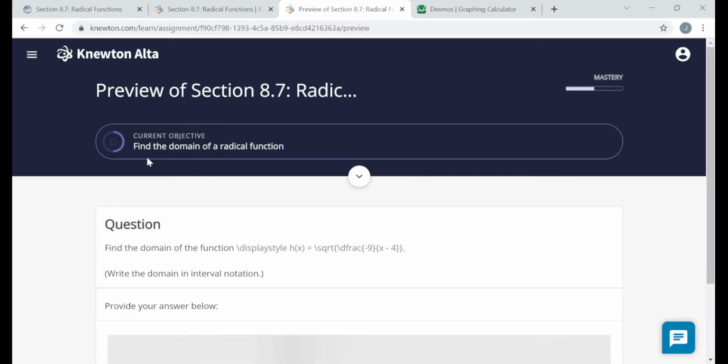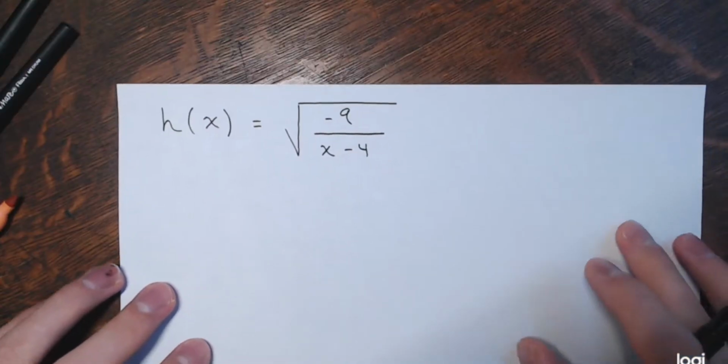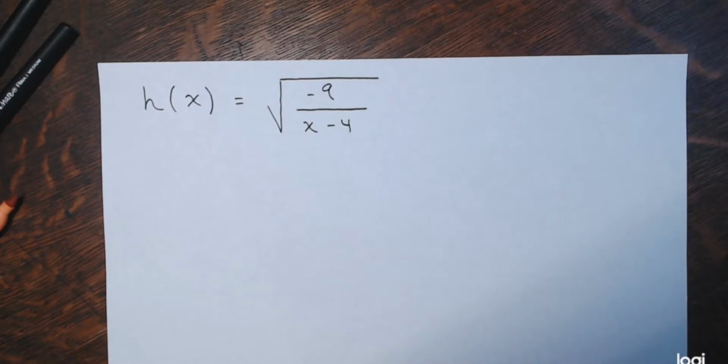All right, so now we're back to the objective, finding the domain of a radical function. They are doing that to us where we have a denominator with a variable. Remember that denominators can't be 0, because dividing by 0 is undefined. Once again I'll write this out and we'll talk about the domain, finding the values of x that I can plug into this function and get a real number output. So you have two things to worry about here.